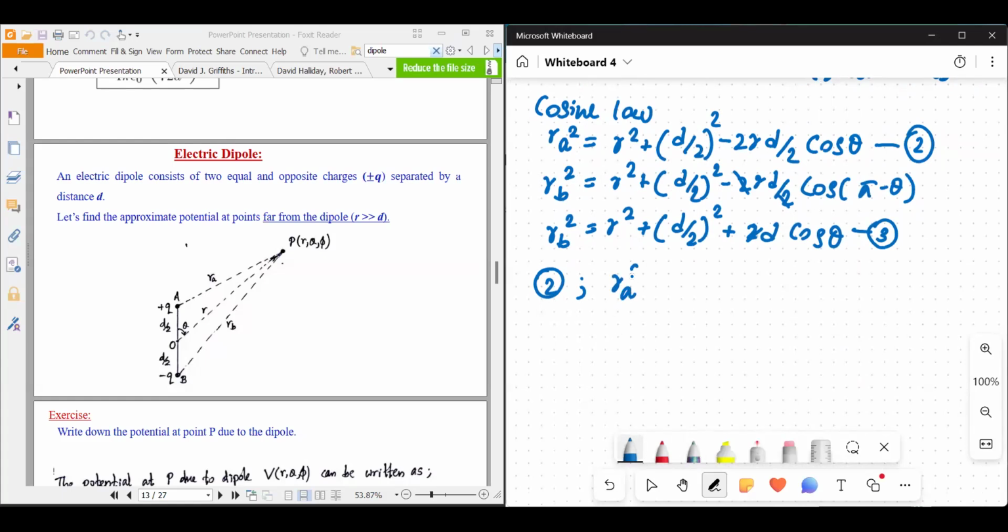RA squared is equal to R squared plus (D over 2) squared minus RD cos theta.